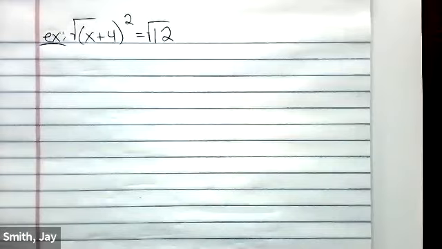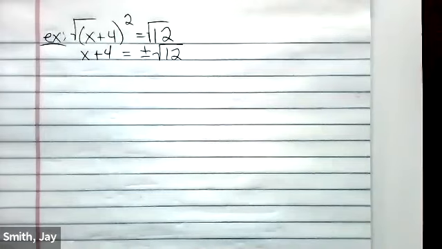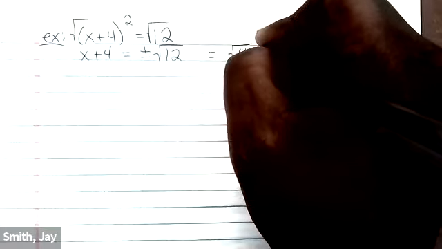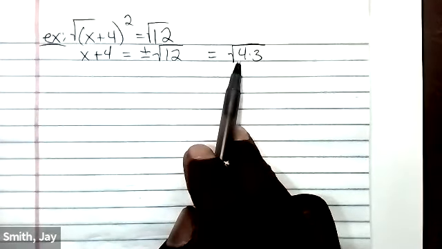Just like in previous examples, first thing I want to do is take the square root of both sides. It's going to leave me with x plus 4 on the left-hand side, positive and negative square roots of 12. Now, while 12 isn't a perfect square, it can be broken down. Remember, 4 times 3 is 12. So we can pull out our 2 because we know the square root of 4 is 2.